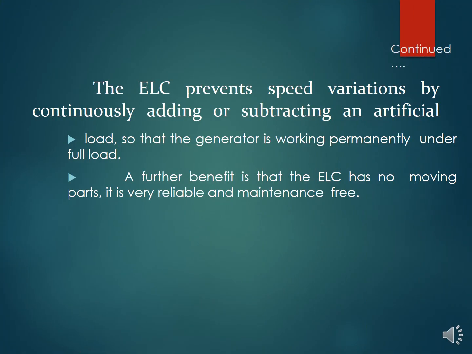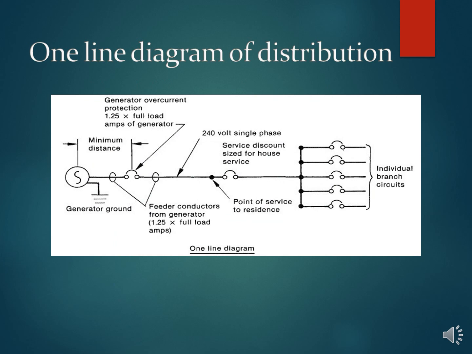The electronic load controller prevents speed variations by continuously adding or subtracting an artificial load so that the generator is working permanently under full load. A further benefit is that the ELC has no moving parts. It is very reliable and maintenance free. This is a one line diagram of the ELC distribution.